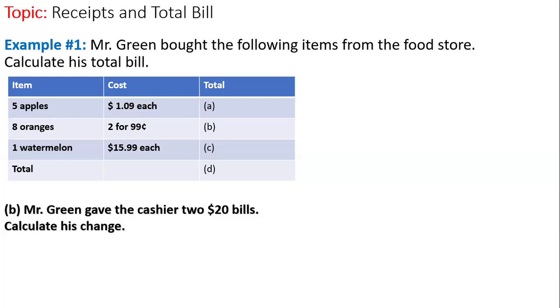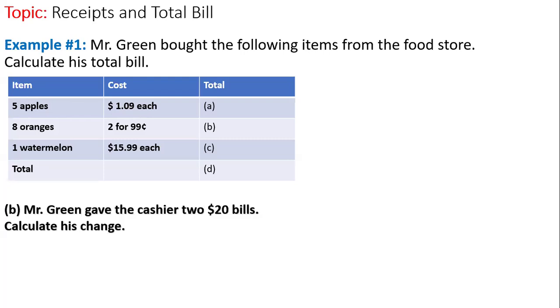Mr. Green bought the following items from the food store. Calculate his total bill. Items: 5 apples, 8 oranges, 1 watermelon. Cost: apples, 109 each.